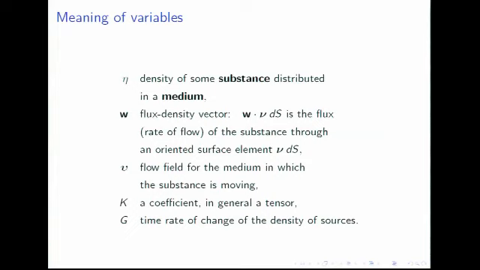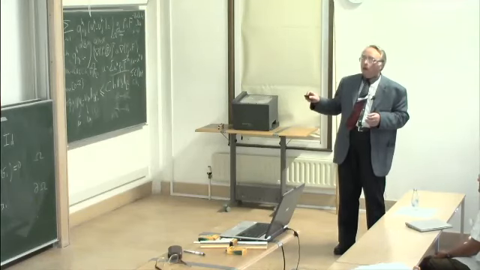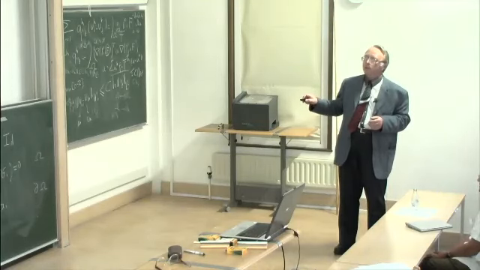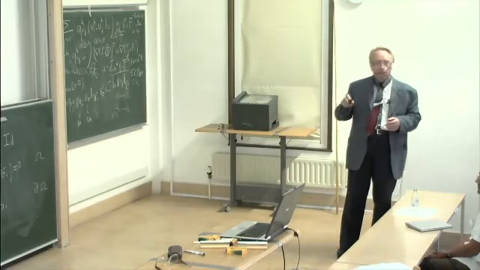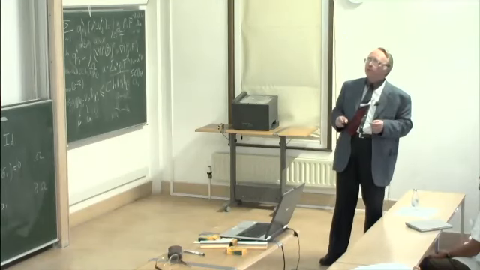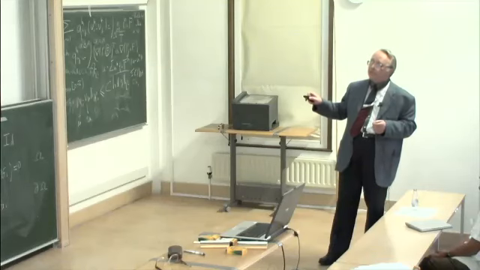W is the flux density vector. v is the flow field for the medium in which the substance is moving. K is a coefficient, in general a tensor. G is the time rate of change of the density of sources. Very often beta is equal to a constant times eta, and divergence v is equal to 0.